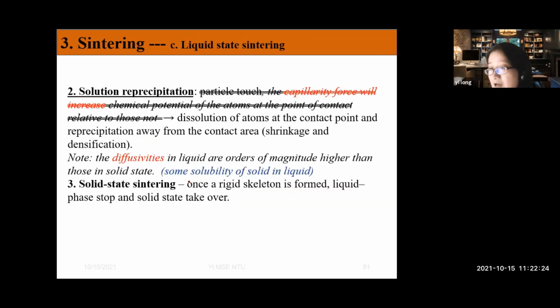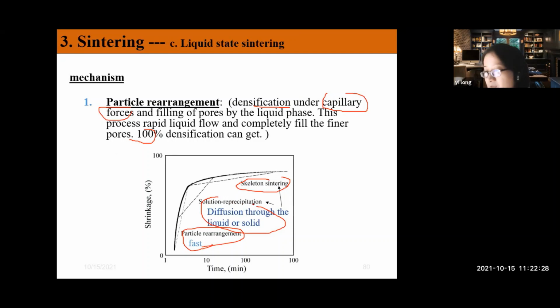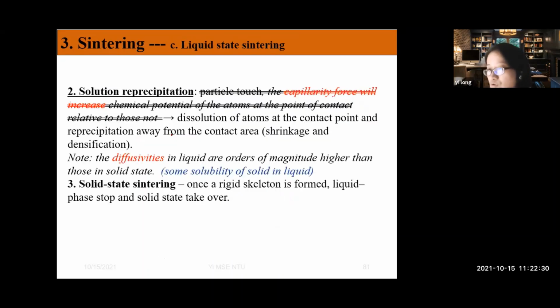The second stage we call solution reprecipitation. Because we didn't explain the equations, please just cross them out. But how can you understand this whole thing? The dissolution of atoms at the contact point and reprecipitation away from the contact point is actually very simple.